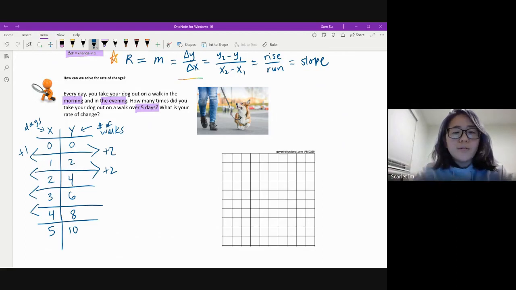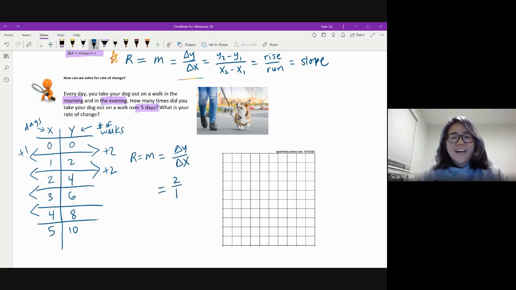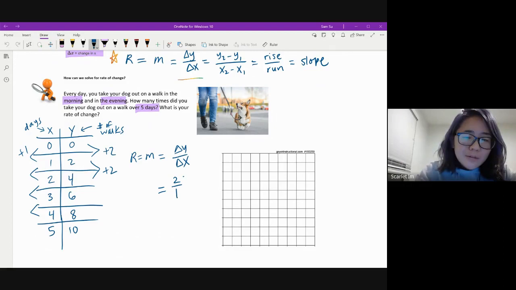So if I wanted to figure out my rate of change, which I'm going to represent as M, it's going to be the change in Y over change in X, which is just 2 over 1. Basically, we take the dog out 2 times for a walk each day: 2 walks, 1 day.